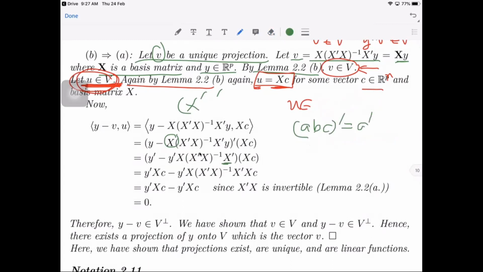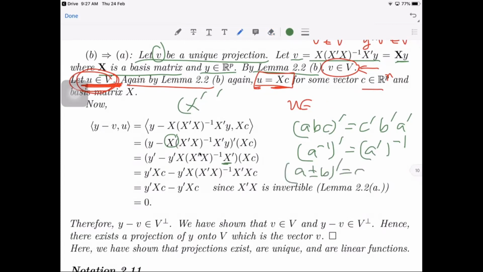ABC prime is C prime, B prime, A prime. A inverse prime is just equal to A prime inverse. Nasa pa ba? Okay. A plus minus B prime is A prime plus minus B prime.